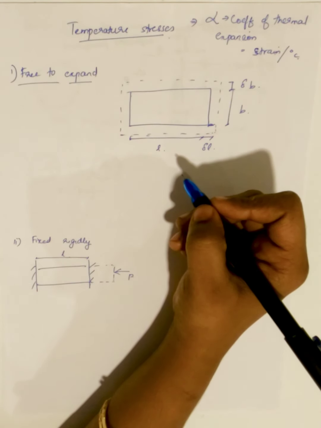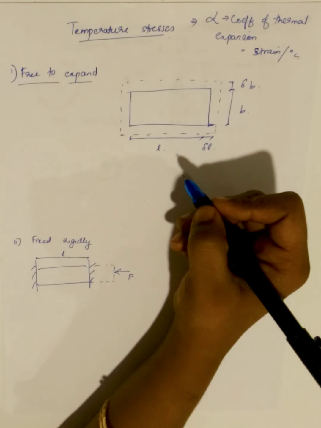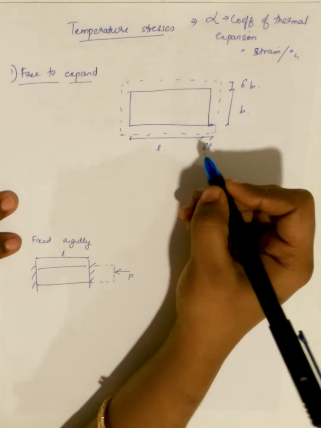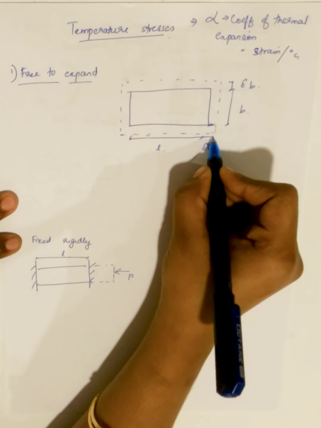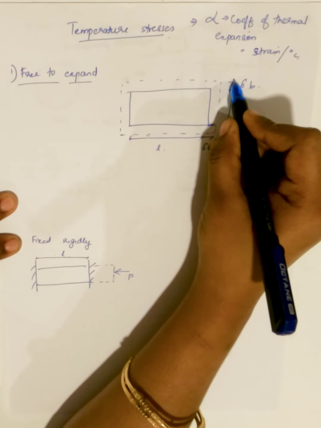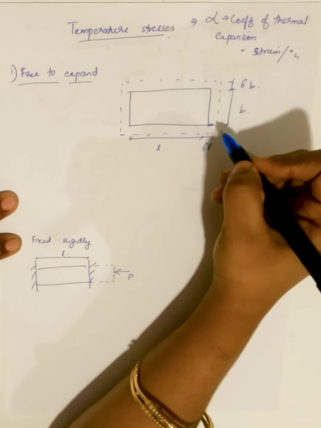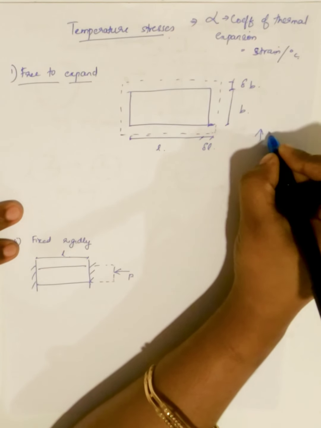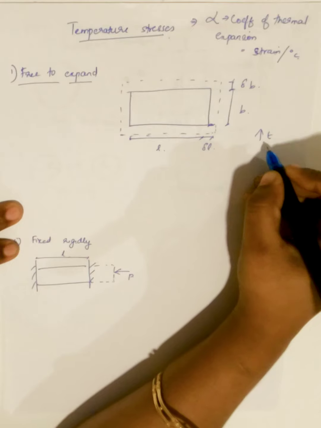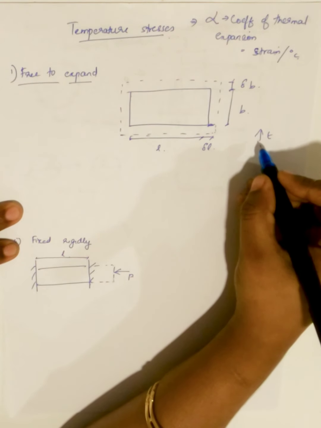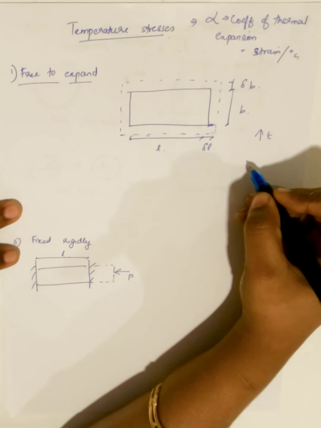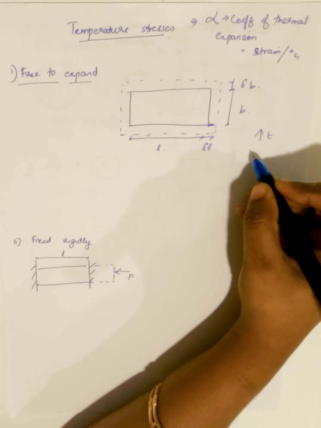It doesn't have any support, which means it is free to expand. So there will be a change in length, delta L, and a change in breadth, delta B. That will be an increase. If temperature is increasing, there will be an increase in dimensions, and if the temperature is decreasing, there will be a contraction.